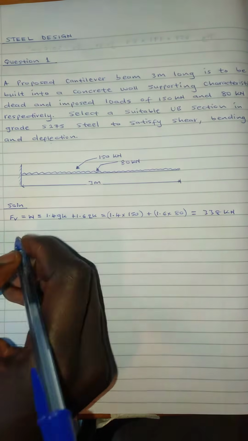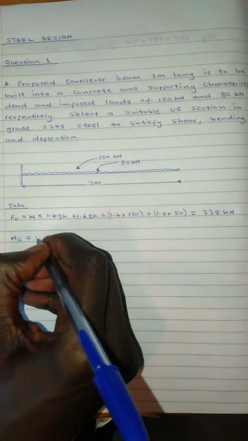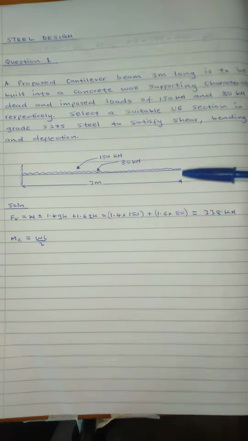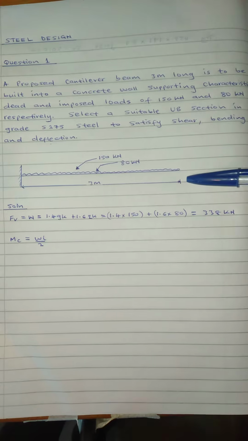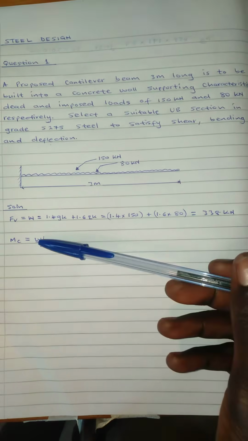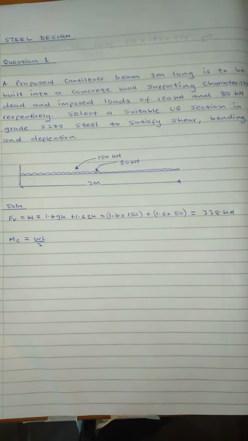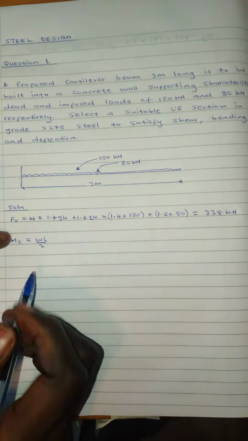Now let's find the moment capacity, which is WL over 2. As you can see, this is a cantilever, so we'll use WL over 2. If it was simply supported, we could have used WL squared over 8. This is the formula.